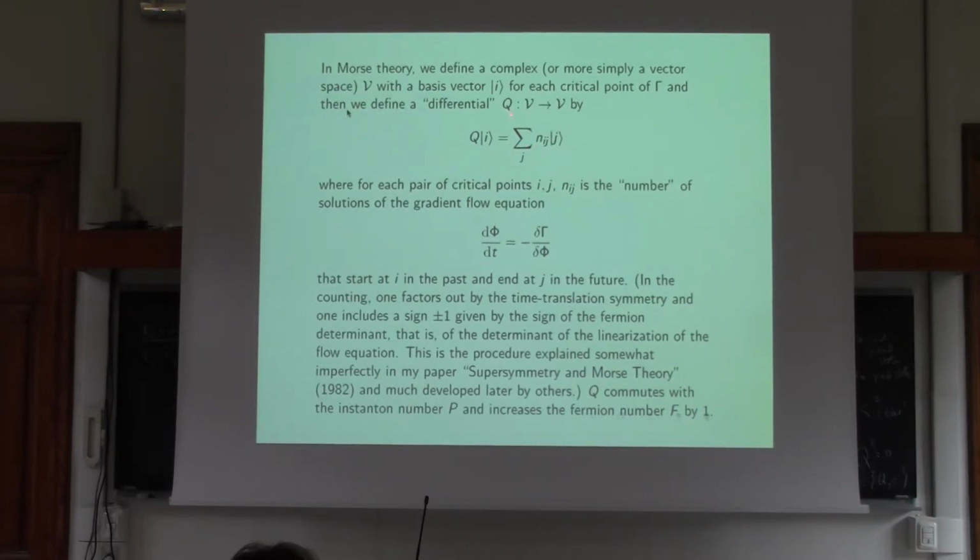And then we define a differential by counting instanton solutions that involve transitions from I to J. So for each pair of critical points, we count instantons that start at I in the past and end at J in the future. And then Q acting on I is a sum over all J of an instanton amplitude for transition from I to J.